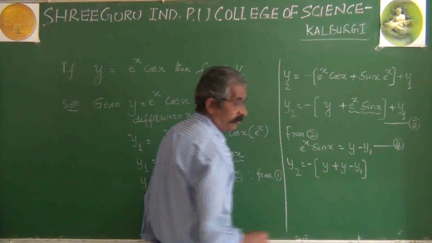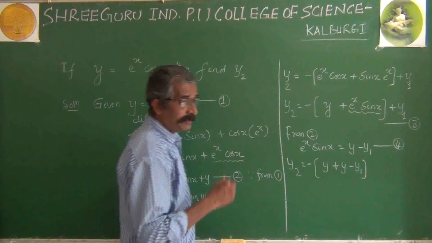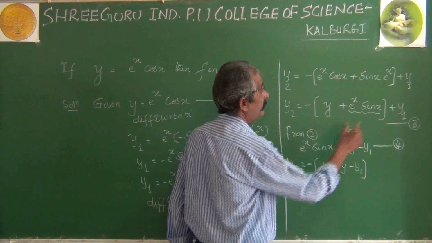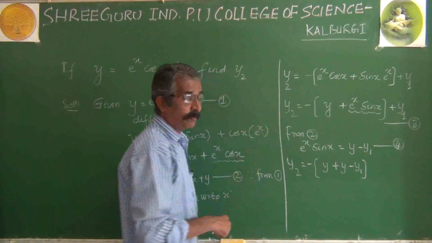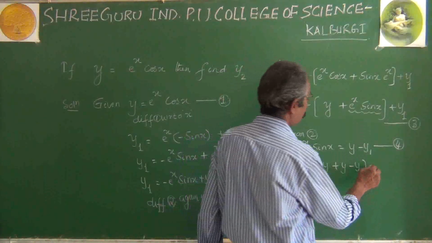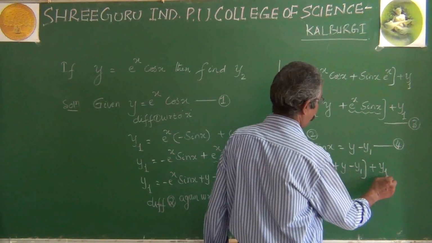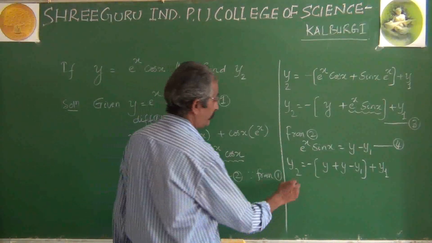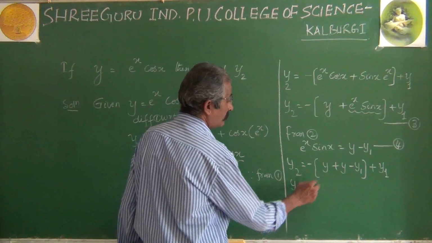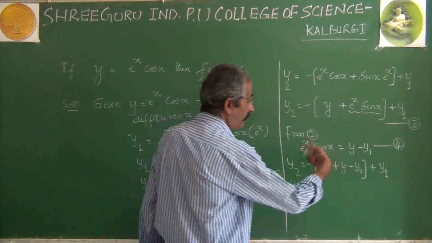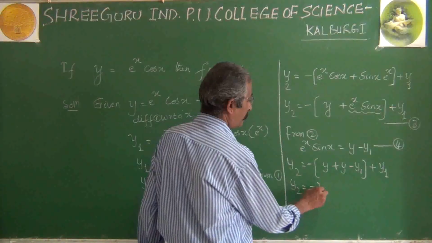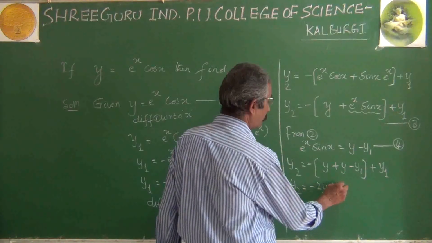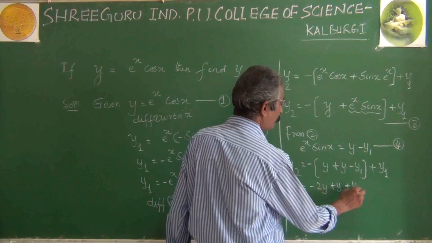You please note this step very correctly. What we have done is that we have taken the value of e power x into sin x from equation 4 into equation 3 at the appropriate place. Plus there is already y1. Still we have some simplification. y2 equals y plus y, 2y, along with minus, which becomes minus 2y. Then minus into minus plus y1, plus there is already y1.